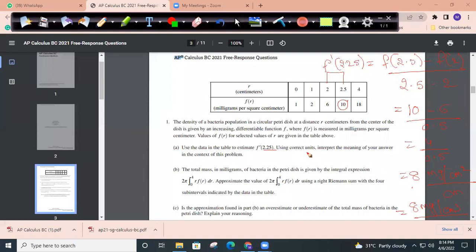Using correct units, interpret the meaning of your answer in the context of this problem. What is the meaning of slope? Slope meaning is the change in y when x changes by 1 unit. That is the meaning of interpretation. What is y here? The density of the bacterial population.